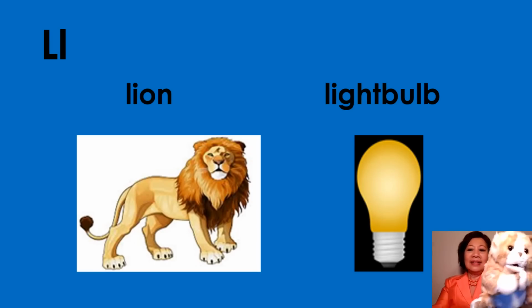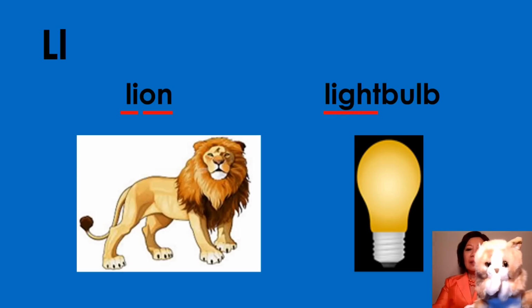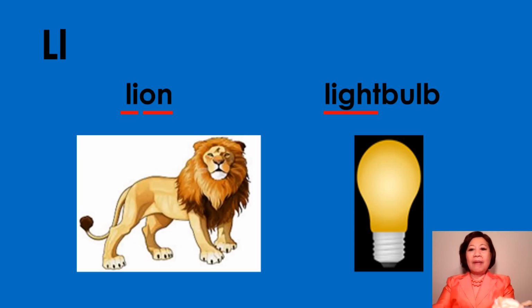L. L says L as in lion. Lions roam the grassland of the African continent. L. L says L as in light bulb. I need a light bulb for my lamp. Light bulb.